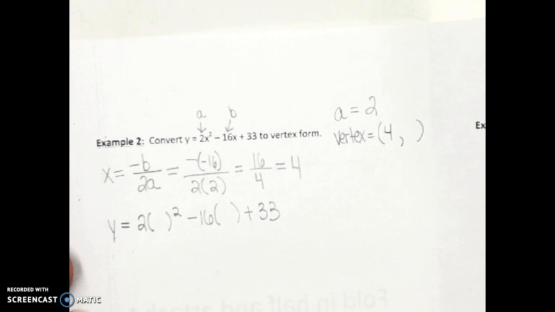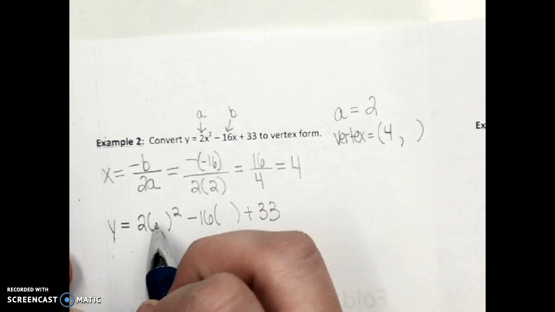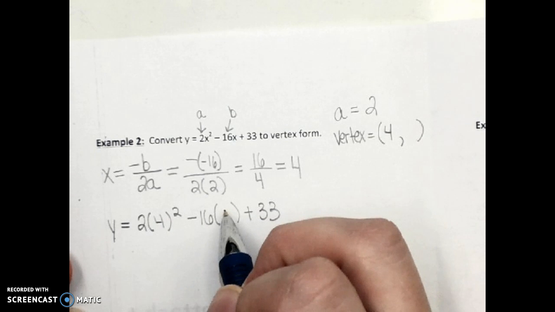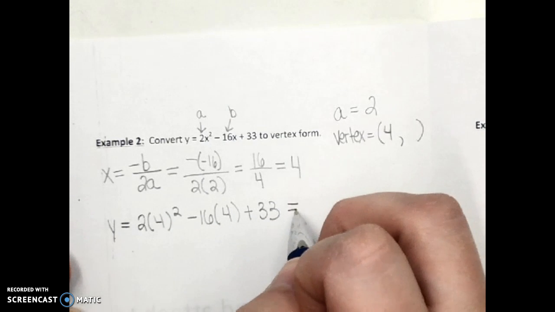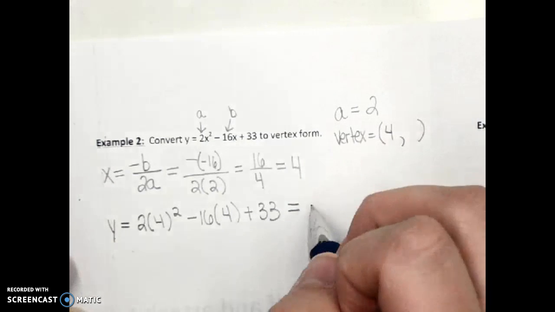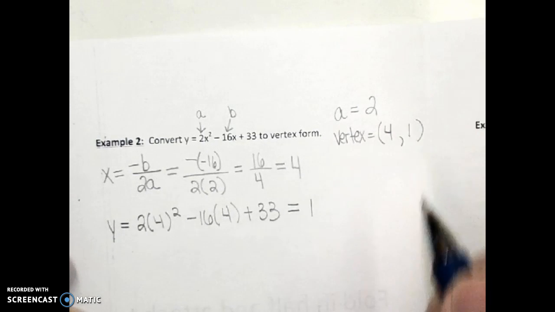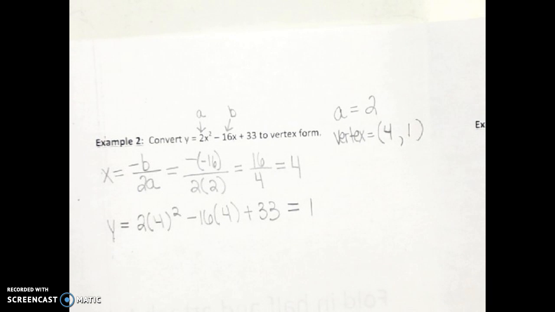And what am I going to plug into that parentheses? X equals 4. When I work this out, I type it in my calculator, and I get 1. So that's the y-coordinate of my vertex.